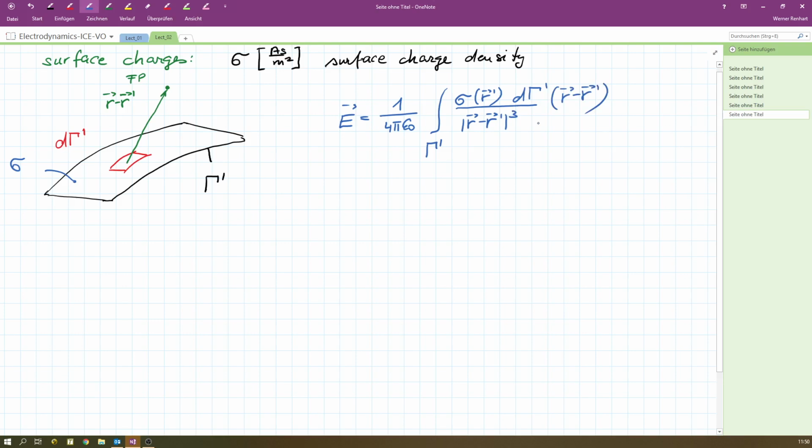So it's nothing new. And the third form is a line charge.